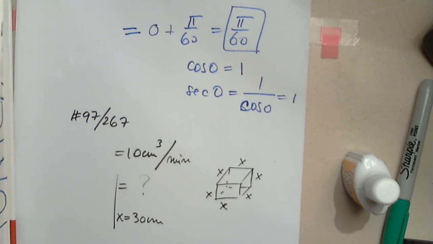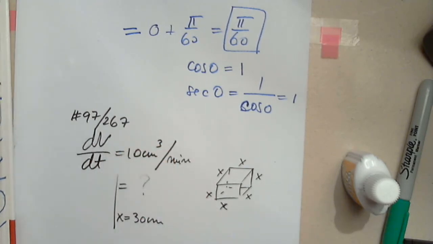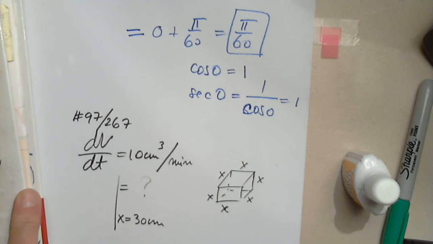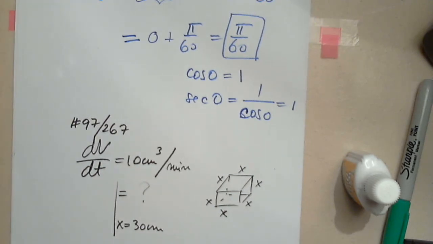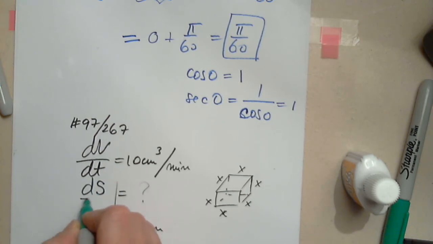One more time, the volume of a cube is increasing at a rate of 10 cubic centimeters per minute. What is this? dV over dt. Thank you. And how fast is the surface area increasing when the length of an edge is 30? So the surface area, dS over dt.